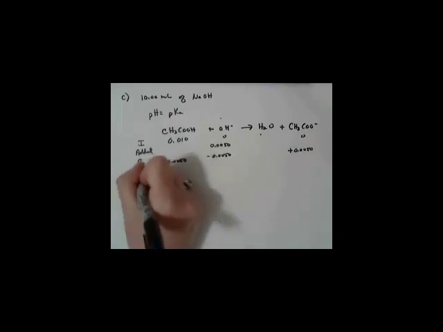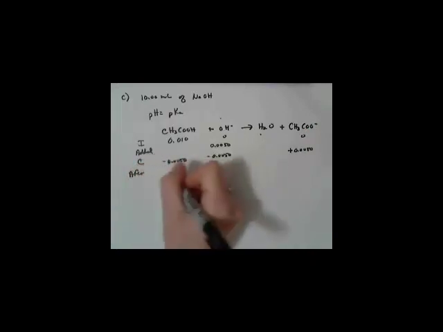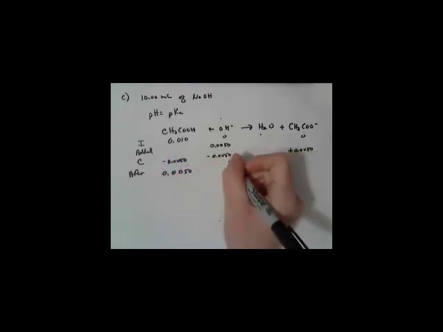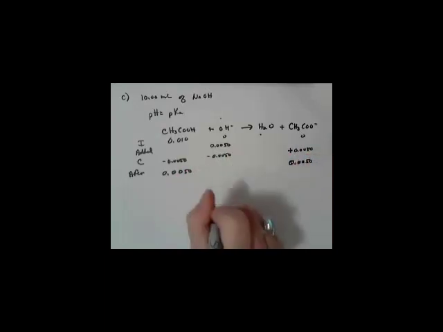And then after the reaction, we're going to have 0.01 minus 0.005 is going to be 0.005 moles of acetic acid. And of course here we're going to have 0.005 moles of acetate ion.